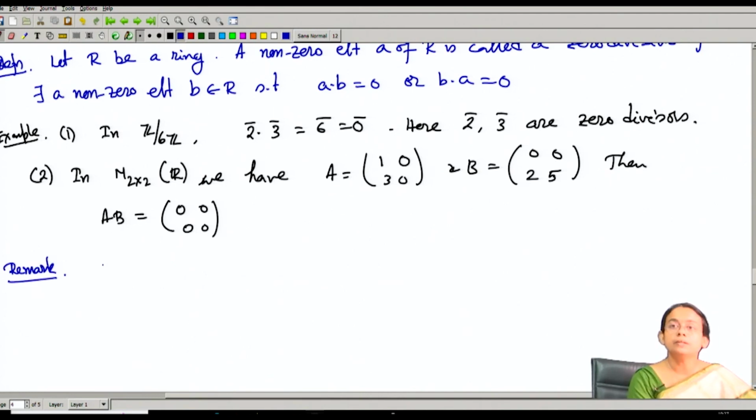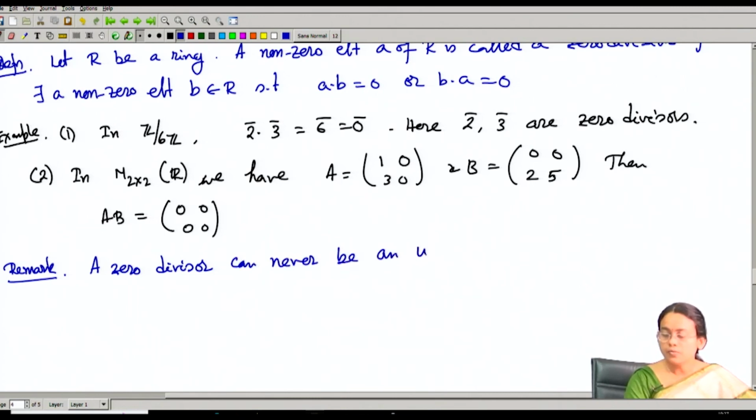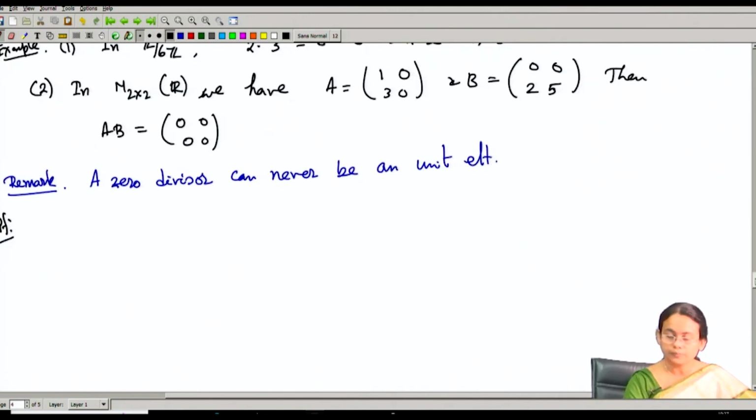So, one remark that I would like to make here is that a zero divisor can never be a unit element. Let me just outline the proof in 2 lines. Suppose we start with a zero divisor which is a unit, then we should get some contradiction.